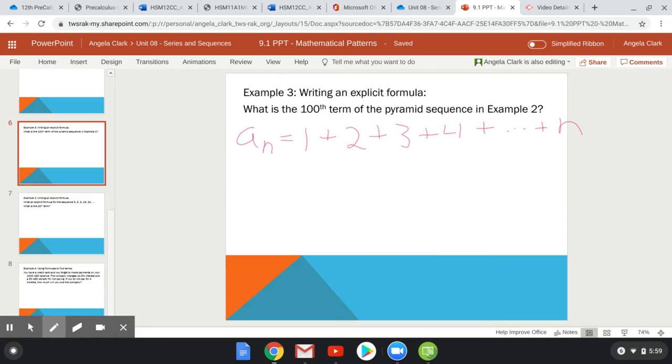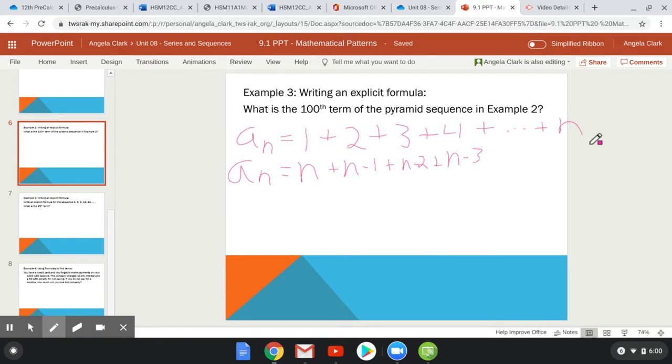So I'm going to do a little trick here, and I'm going to write the same thing in reverse order. The same a_n, I could also write as n plus n minus 1 plus n minus 2 plus n minus 3.